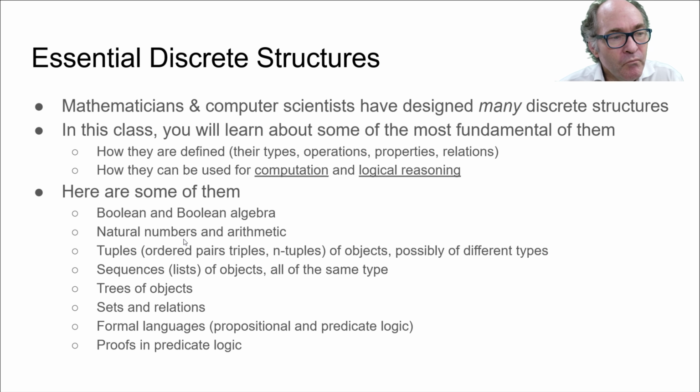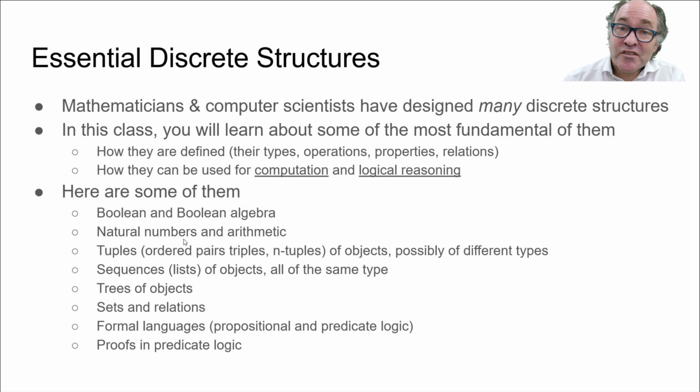We're going to talk about trees of objects, and you've already been introduced to the notion of trees. And now, because you've seen the inductive definition of trees and you've also seen an inductive definition of natural numbers, I hope that you can begin to see that this notion of inductive definitions is going to carry us a very, very long way.